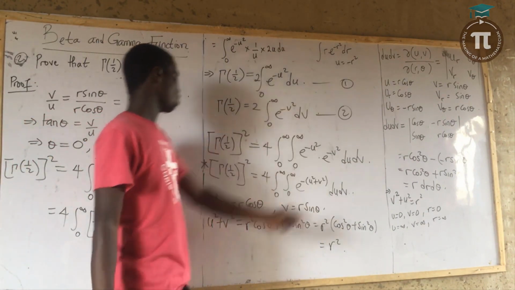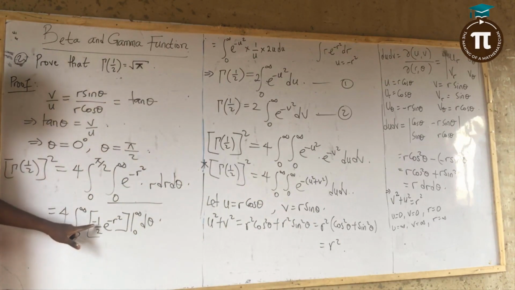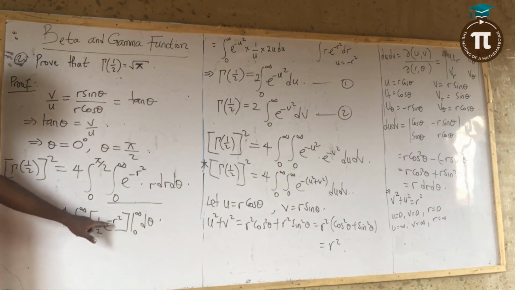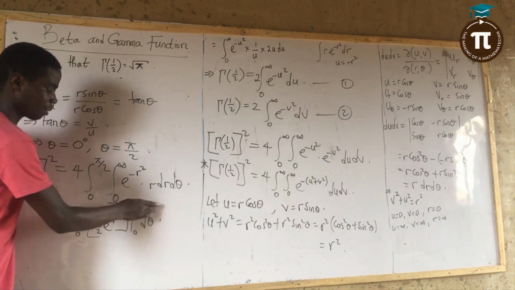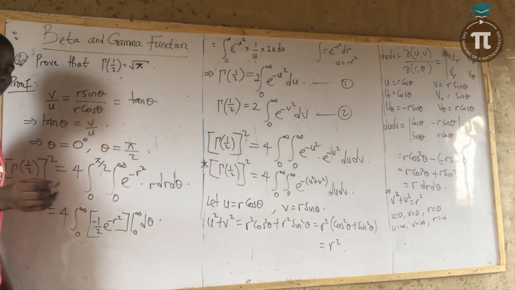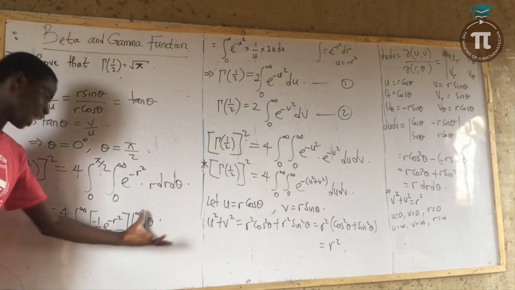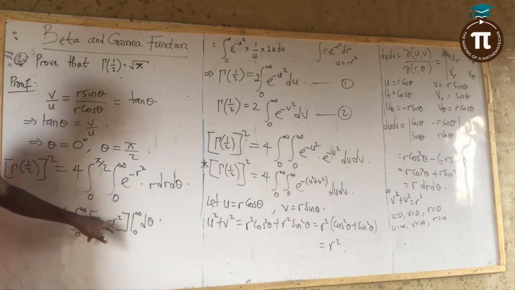You can pause the video and simplify this. Or differentiate e raised to power minus r squared, you will get minus 2r e raised to power minus r squared. So the minus 2 multiplied by minus 1 over 2 will give you r. Whichever way is fine, but you just need to understand what I'm saying.